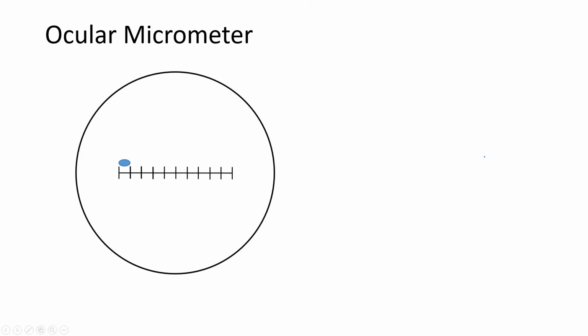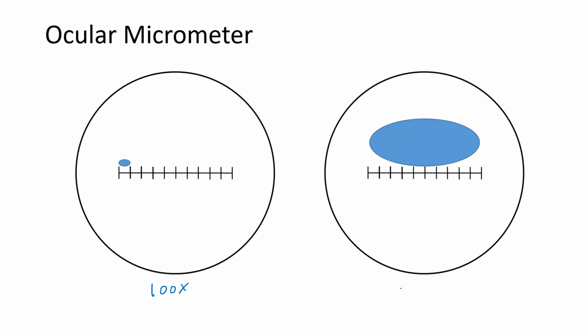So if we were to look at a specimen like this, let's say that this is at 100x, and it appears to be 1 ocular unit in length. If we look at the same specimen at, say, 1000x, the specimen looks much larger because the magnification is 10 times more than at 100x.